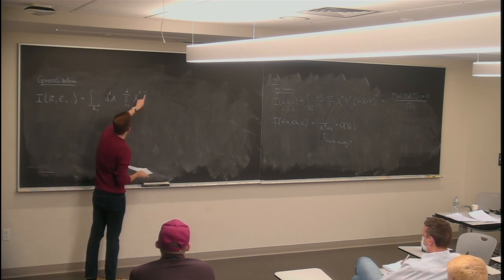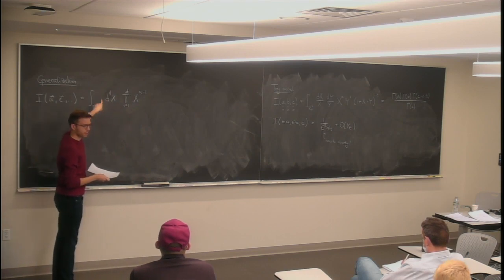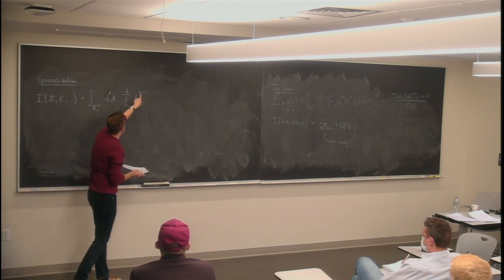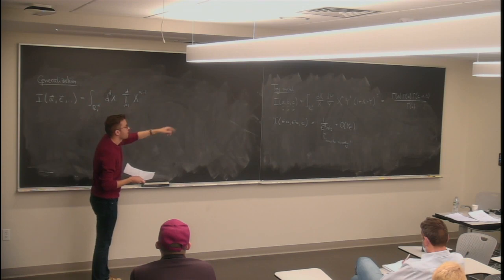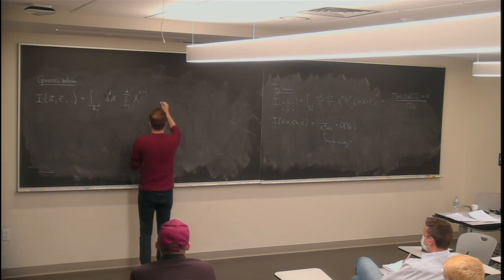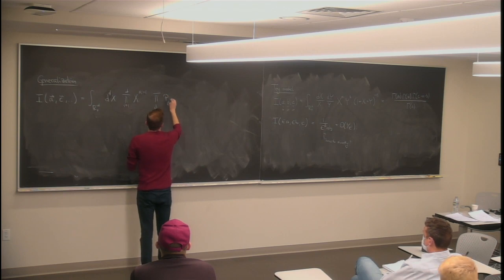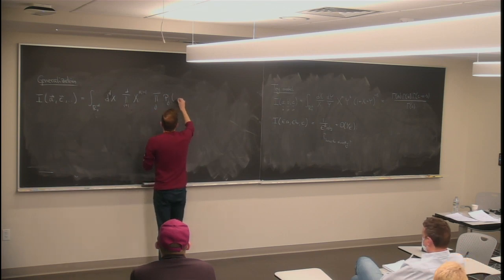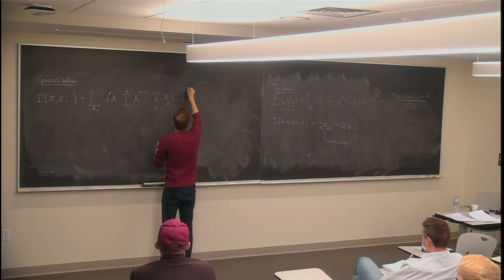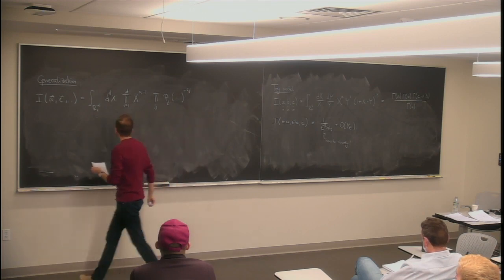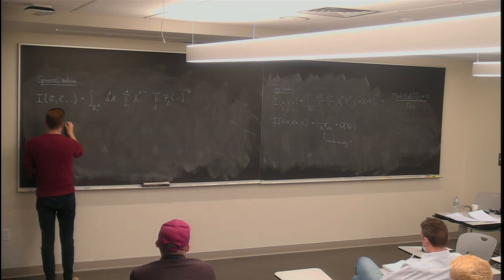Put here x to some powers. So we isolate x to the minus 1, which gives us a logarithmic measure with this part, and some dependence on the parameters a, which is the analog of the parameters in this example. And then we'll also allow a number of polynomials.